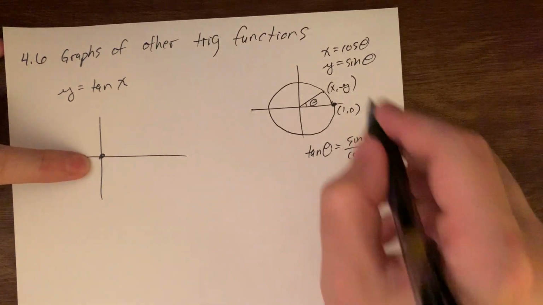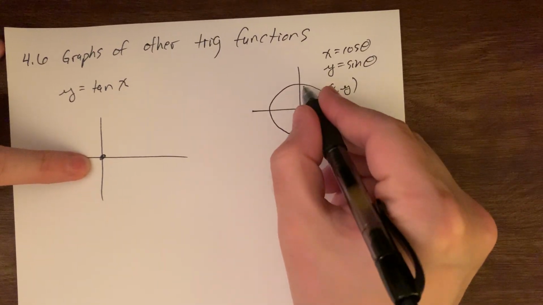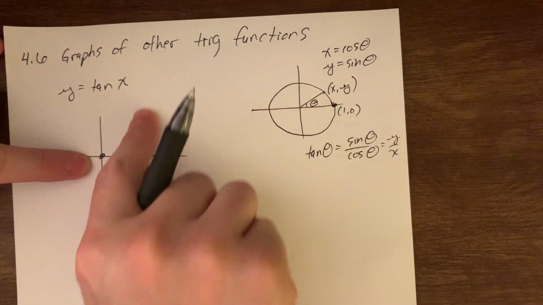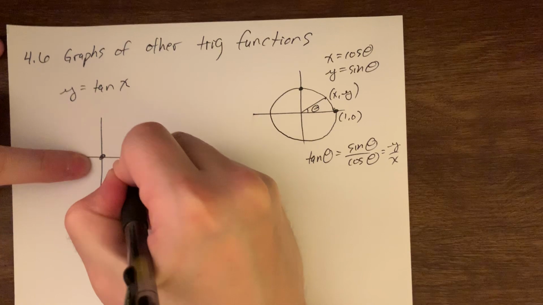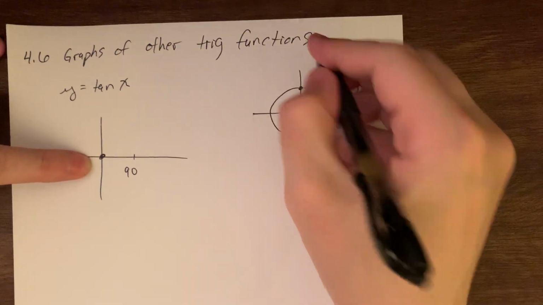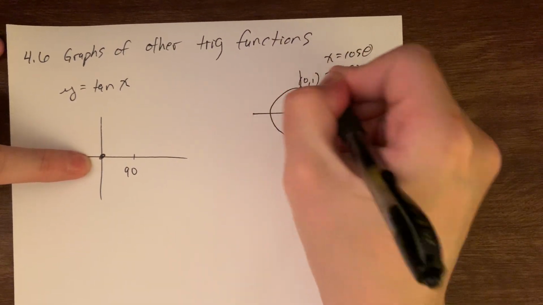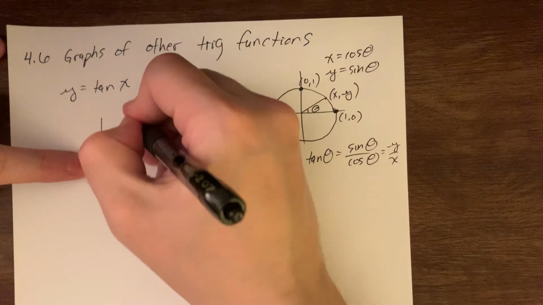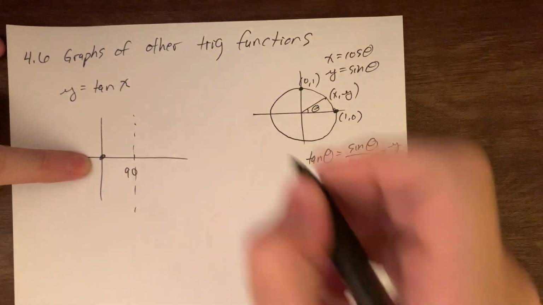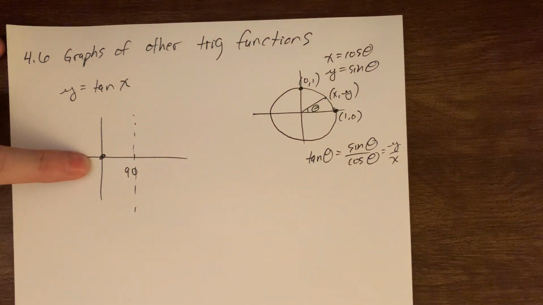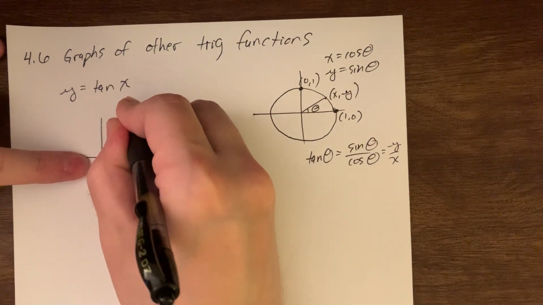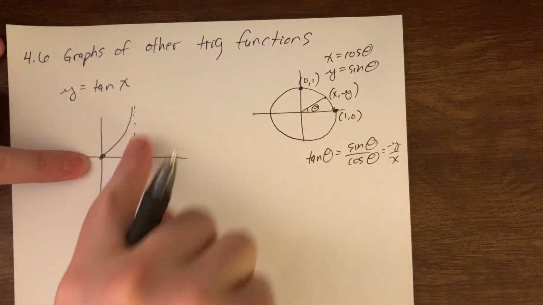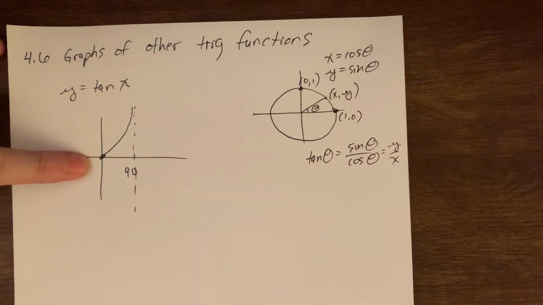So both of those, y is getting bigger, x is getting smaller, makes the whole function get bigger until I get to here at 90 degrees. And at 90 degrees, I get 1 divided by 0. A k divided by 0 gives me an asymptote. So this is getting bigger, and it's approaching positive infinity as I approach that asymptote.